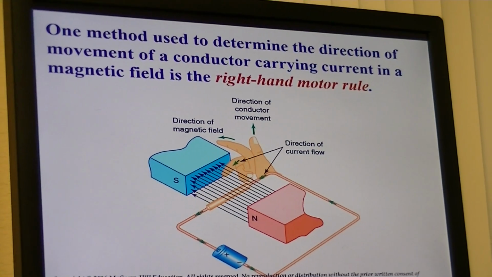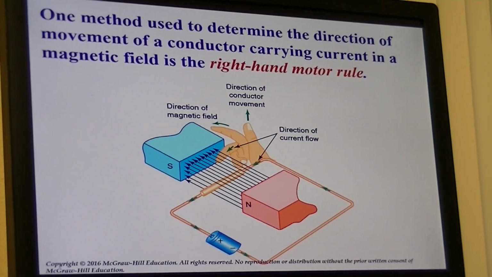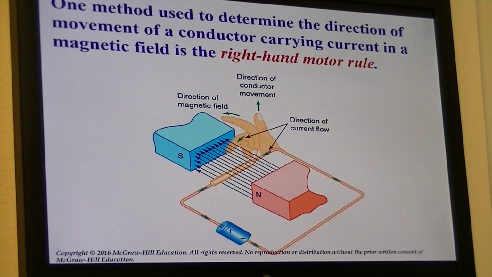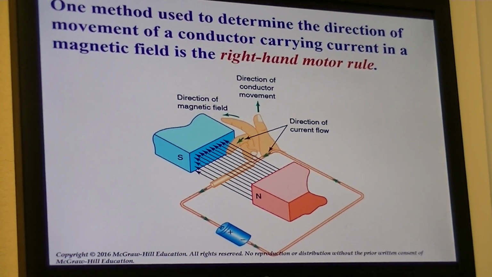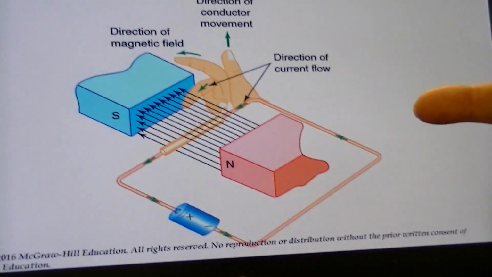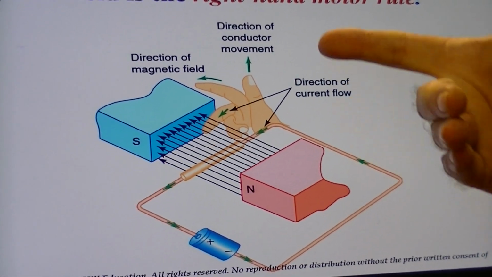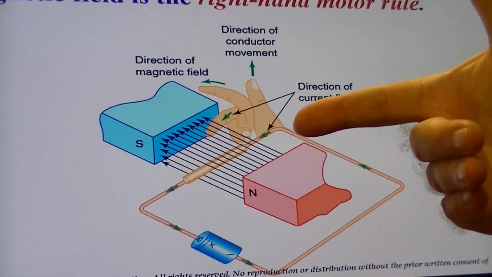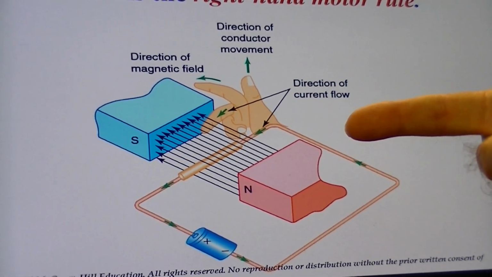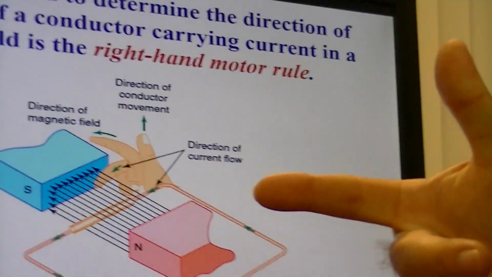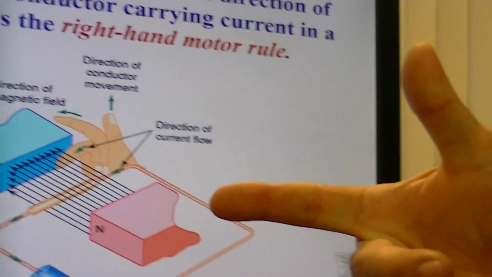All right, one method used to determine the direction of motion of a conductor carrying current in a magnetic field is the right-hand motor rule. Typically, the direction of motion of the conductor is the thumb. The direction of the magnetic field, north to south, is your pointing finger.